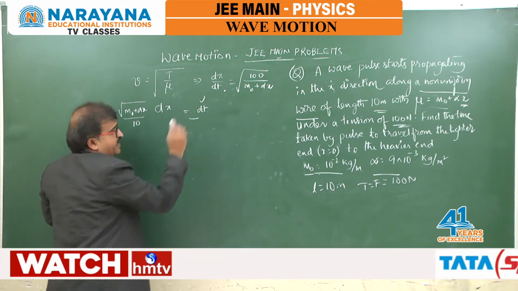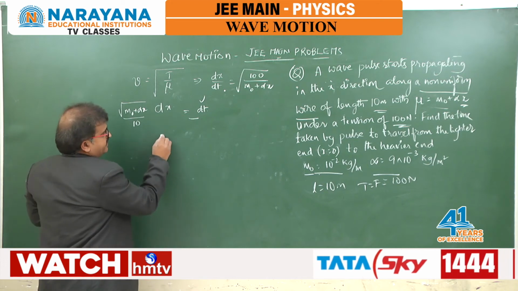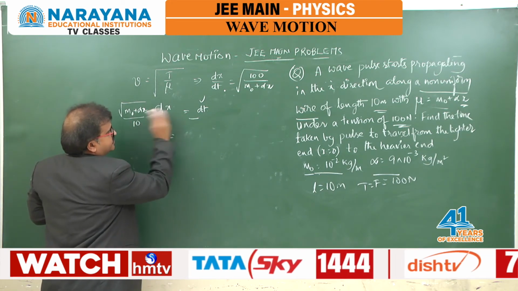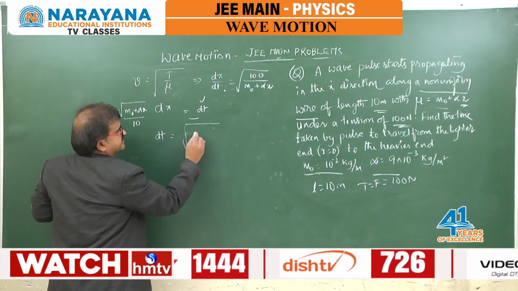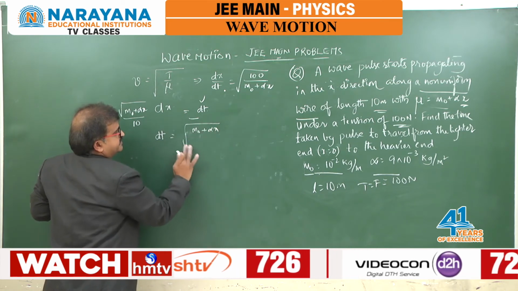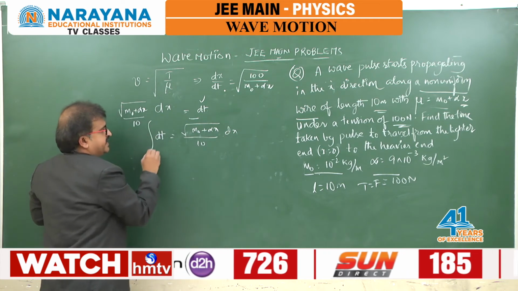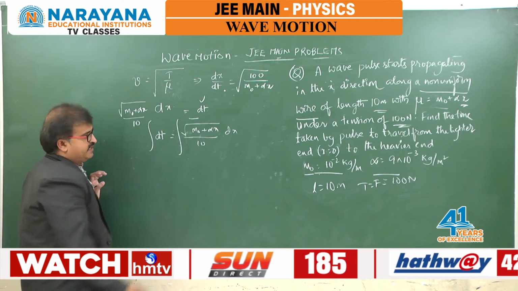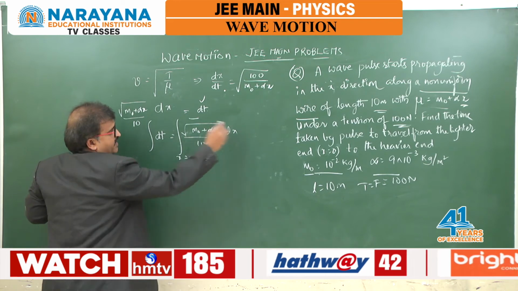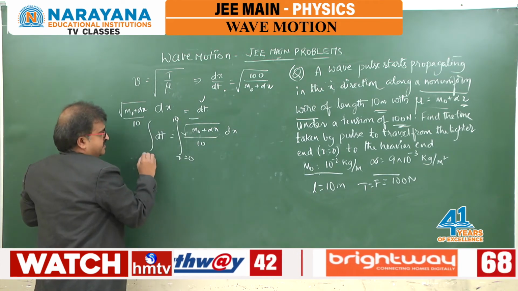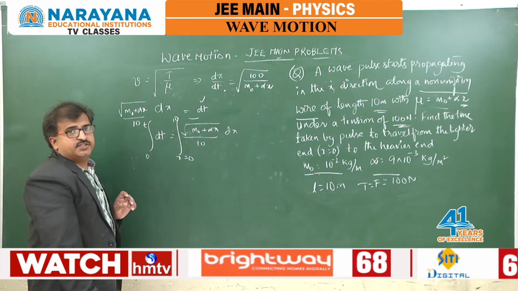Our intention is to find the time interval, so dt equals root over mu naught plus alpha x divided by 10 into dx, on integration between the limits. X varies from 0 to 10 in the time interval 0 to t.